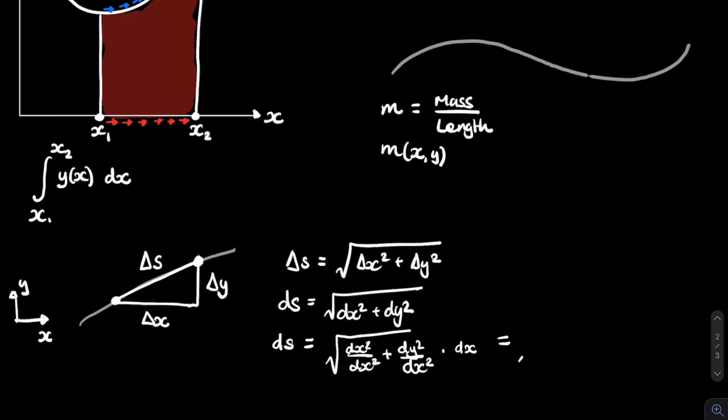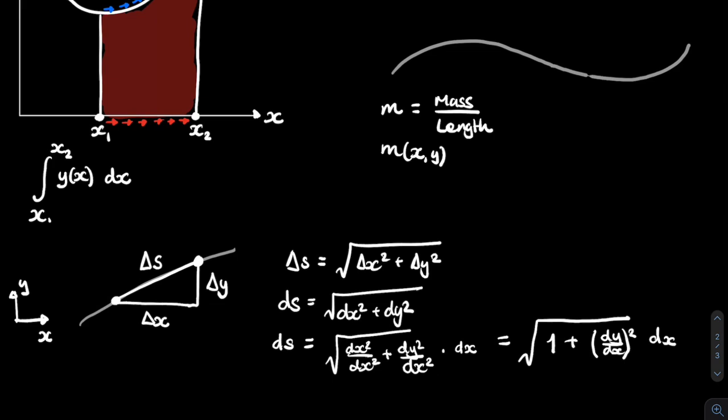And as you can see, this simplifies a little bit. So you're going to simply get the square root of 1 plus dy squared over dx squared, which is simply the same as (dy by dx) all squared, multiplied by dx. So that's really helpful.